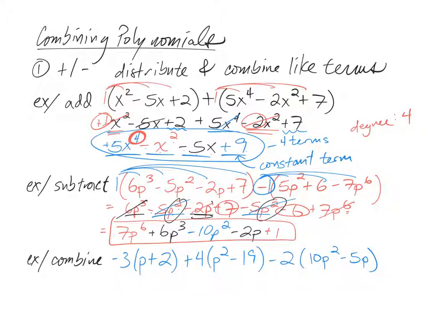So with this last example, just one direction, it says combine. So we have to take care of any distributions first. So this would be minus 3p minus 6 plus 4p squared minus 19 minus 20p squared plus 10p.